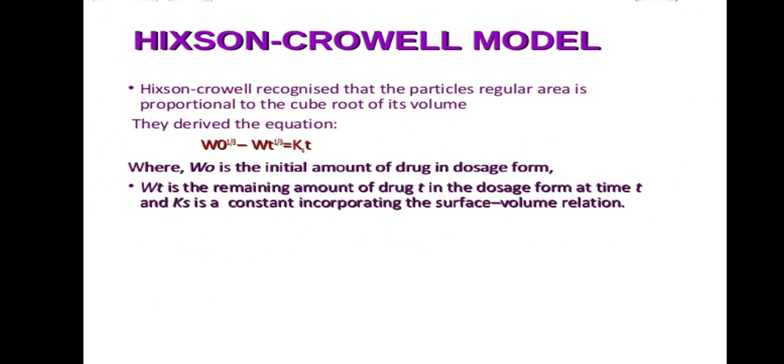The Hixson-Crowell model recognizes that the particle's regular area is proportional to the cube root of its volume. Here is the equation where V0 is the initial amount of drug in the dosage form and Vt is the remaining amount of drug at time t.